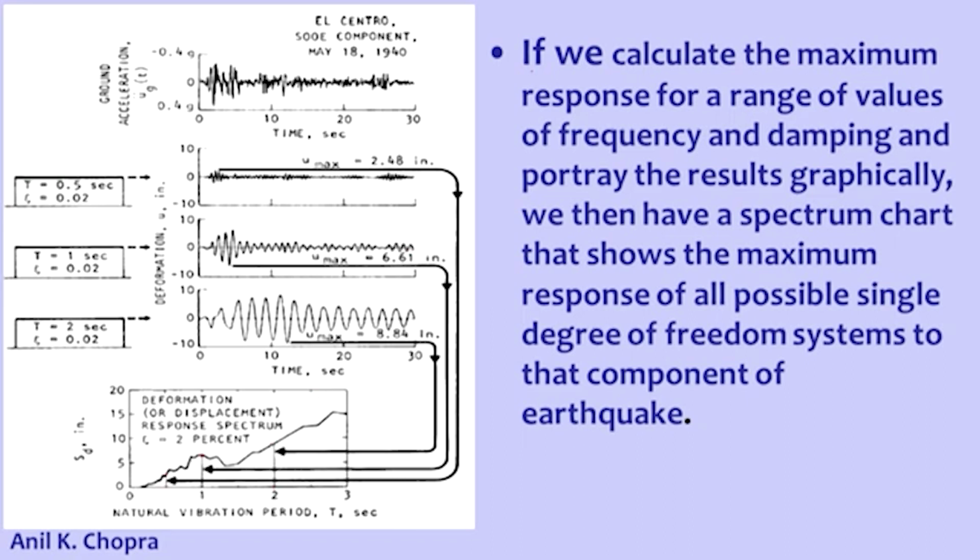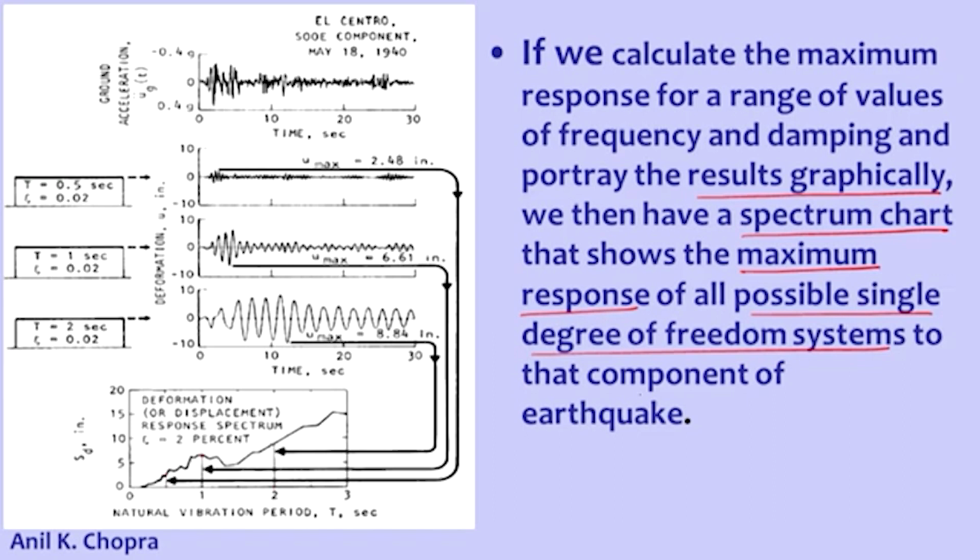If we calculate the maximum response over a range of values of frequency and damping and portray the results graphically, we have a spectrum chart that shows the maximum response of all possible single degree of freedom systems to that component of earthquake.